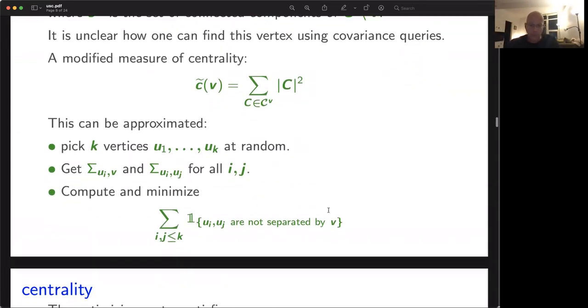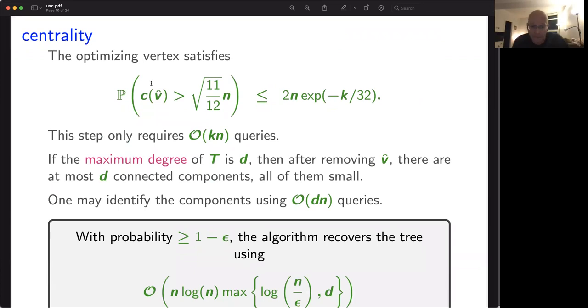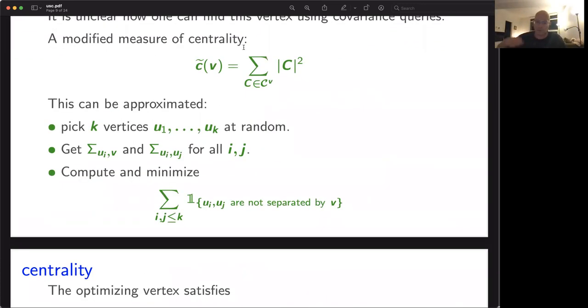So we can just count. If our vertex was very central, then this random sampling will be a sufficiently good approximation, and we can very quickly estimate this quantity. In particular, one can show that we pick k vertices at random, and then for each vertex we can estimate its centrality according to this measure.